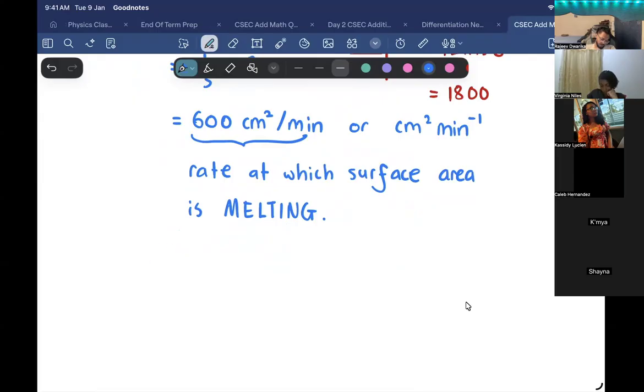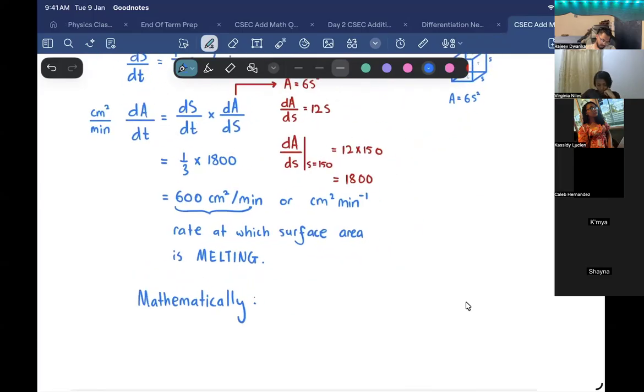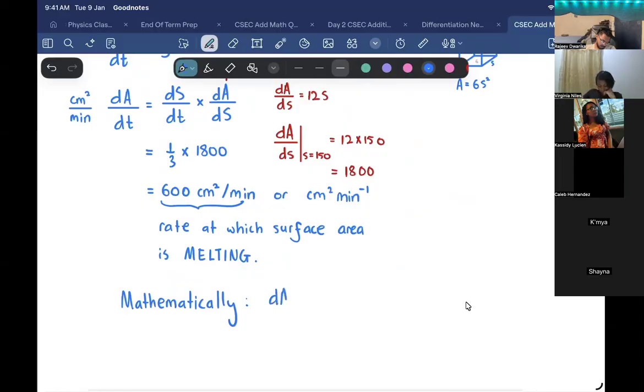Or you could just say it mathematically, but you will never say it's melting at minus 600 centimeters squared per minute.